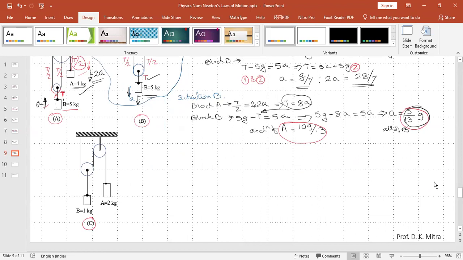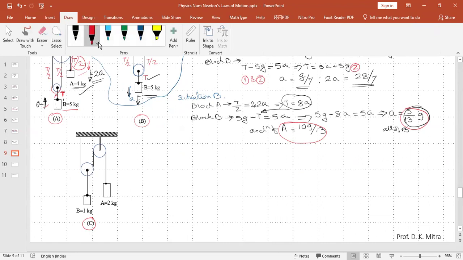Here again, if this tension is T, then this tension is T by 2, and this tension is T by 2. This is 2 kg and this is 1 kg, clearly given.